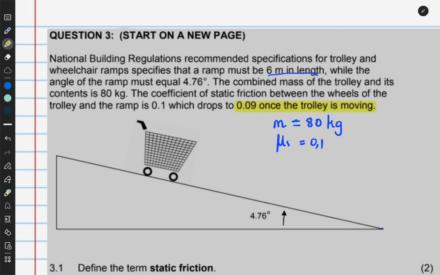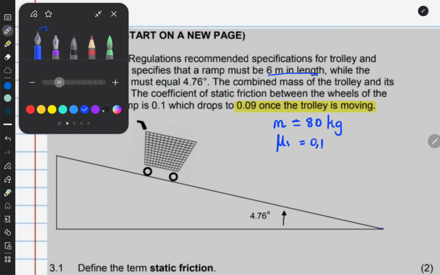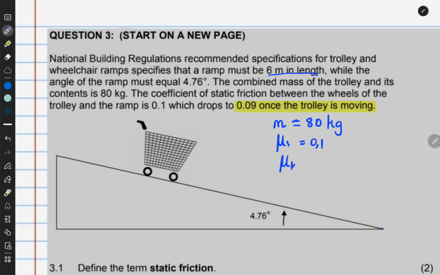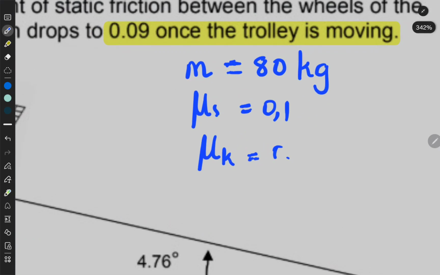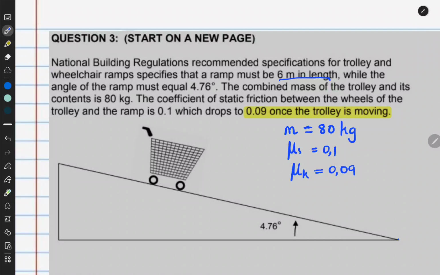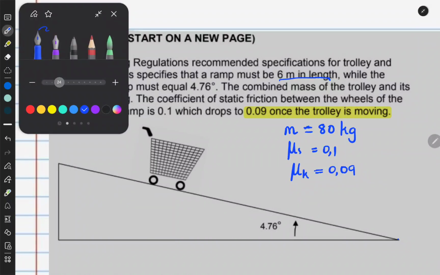So this hints that the coefficient of kinetic friction is also given, and we can assume that it's 0.09.